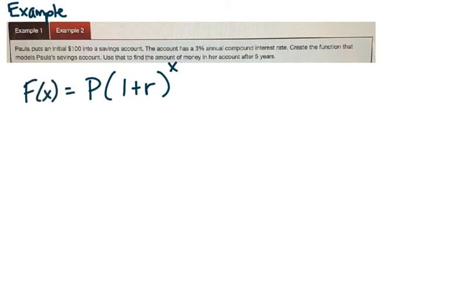I'm just going to kind of go through and read. Paula puts an initial $100. So initial tells me that that's her starting amount. So Paula is starting with $100. That's her principal.